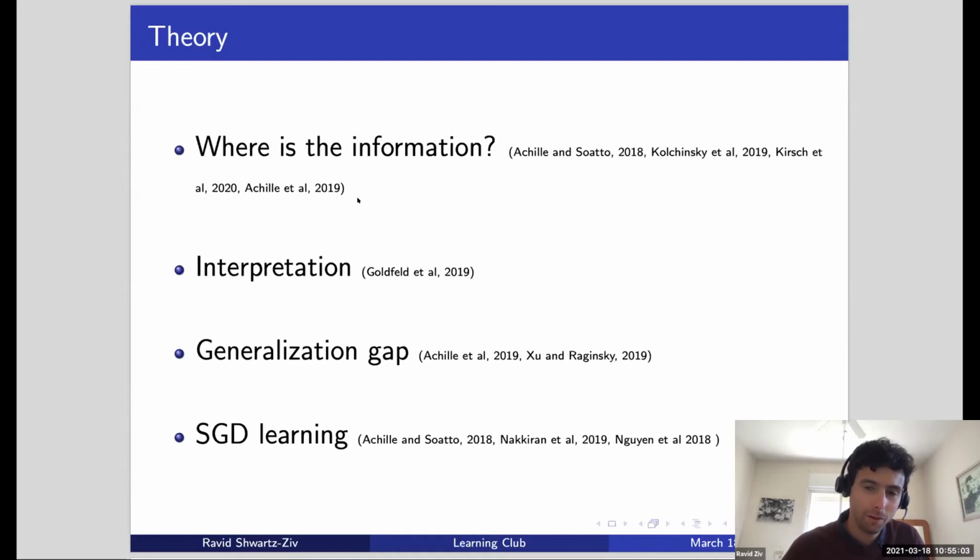And the third line of work is theory, where people extend the theory. And again, people took it in many directions. For example, people ask the question, where is the information? What is the important information quantity in the network? So we looked at the information in the representation, but you can look also at the information in the parameters or the information in your data, and what is the relationship between all these quantities, okay?